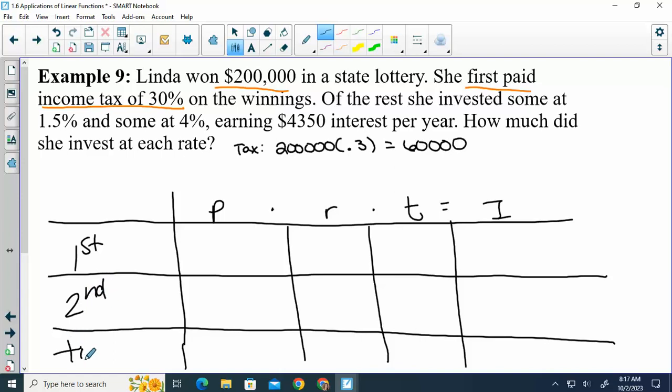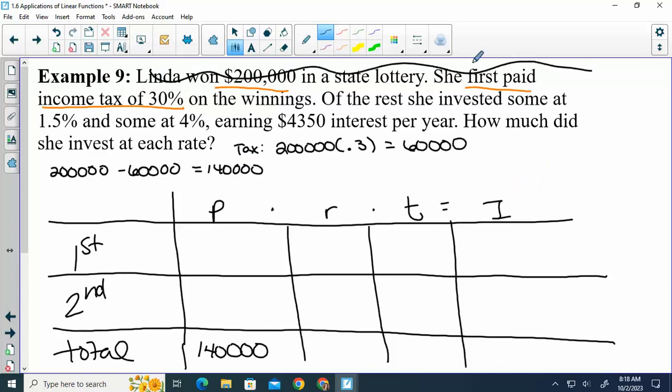So for my total principal, she had 200,000. She paid $60,000 in tax. So how much money does she actually have to do something with? You do the 200,000 minus the 60,000. So the 140,000 is the beginning amount of money.